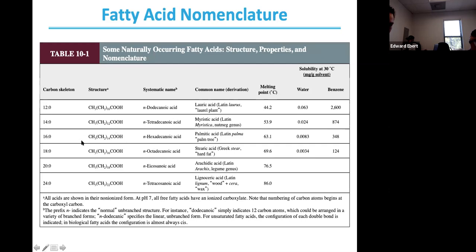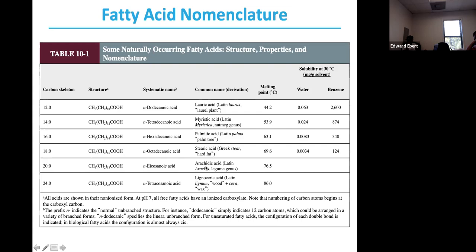So here's a list of a bunch of saturated fatty acids. 12 is very common: lauric acid, 12:0, 12 carbons, no double bonds. 14:0, myristic acid, palmitic acid, stearic acid. Then you have things like arachidic acid and lignoceric acid.